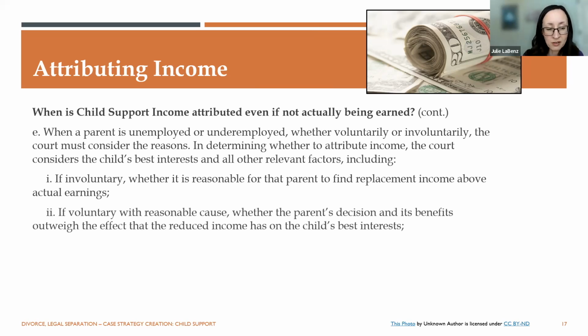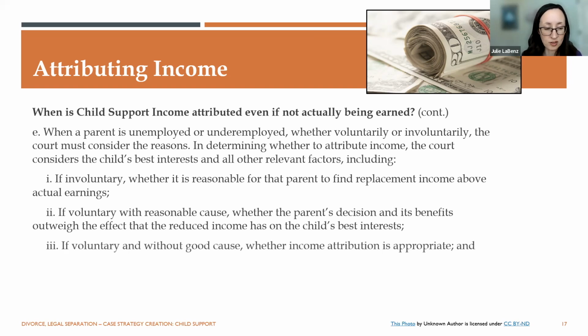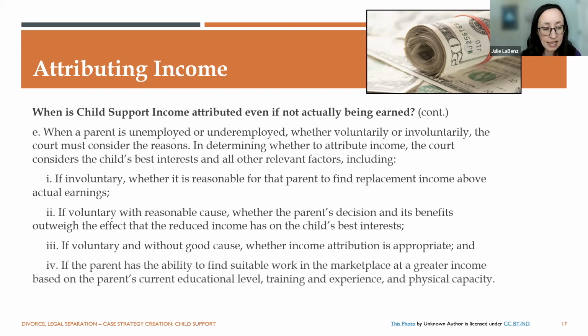If your unemployment is voluntary with reasonable cause, then should that parent's decision and its benefits outweigh the effect that the reduced income has on the child's best interests? If the unemployment is voluntary and without good cause, whether income attribution is appropriate, and if the parent has the ability to find suitable work in the marketplace at a greater income based on the parent's current educational level, training, and experience and physical capacity.